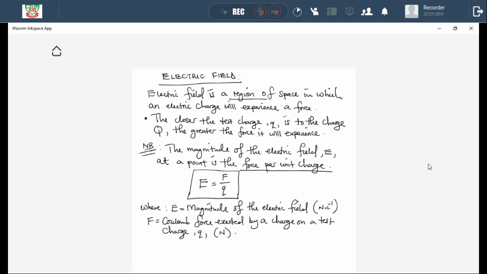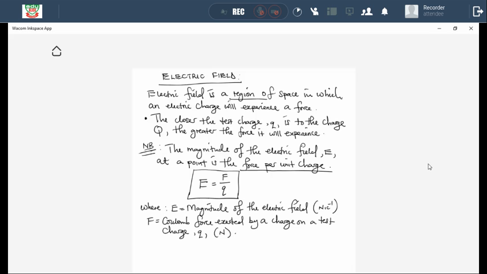Let me explain something here about the Coulomb force. If you are given a question where they give you the magnitude of the force that the charge is exerting on the test charge, then we can use that particular formula. Is that okay?